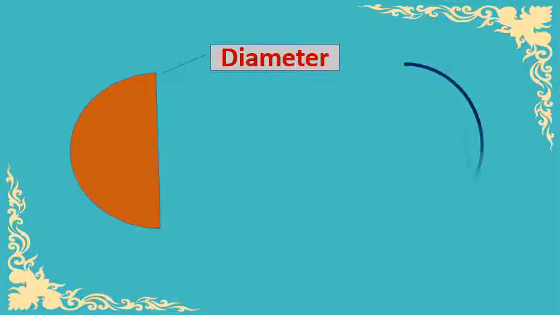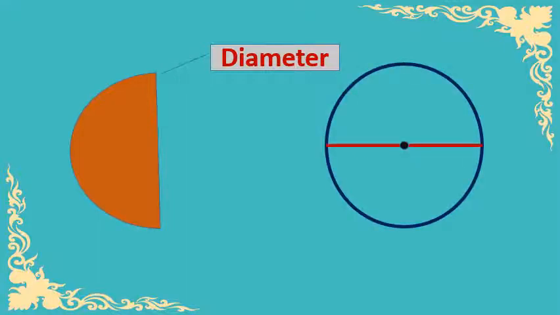Okay? Now in the circle, see this is a circle. Exactly the half of that is called this diameter. Can you see here? This red line passed through the central point. Correct? And it also joined the two points on the circle.